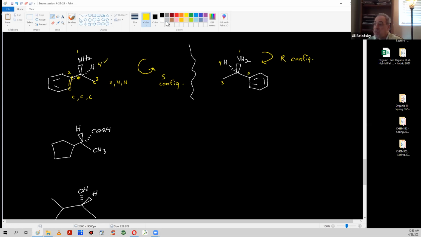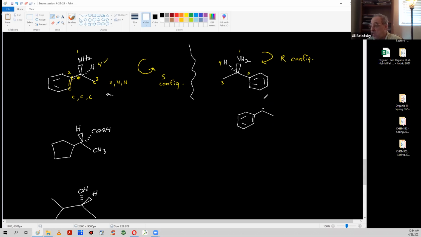Let me point out one other thing, actually. I said earlier that drawing the mirror image really ends up being the same as switching 2 of the groups. So what happens if I look over here on the left and I switch the NH2, the amine, and the hydrogen?